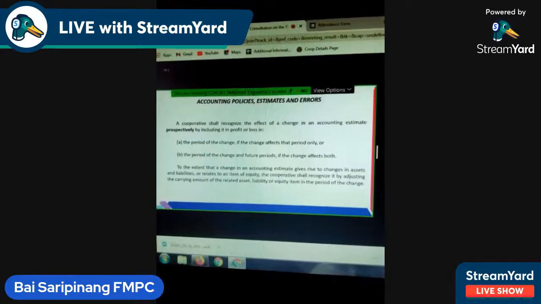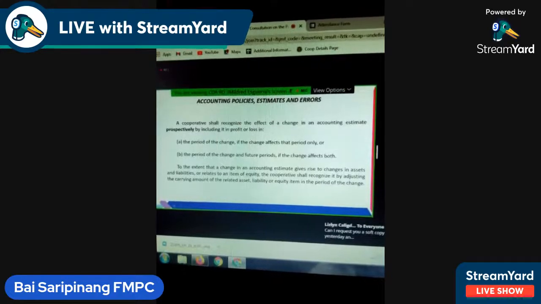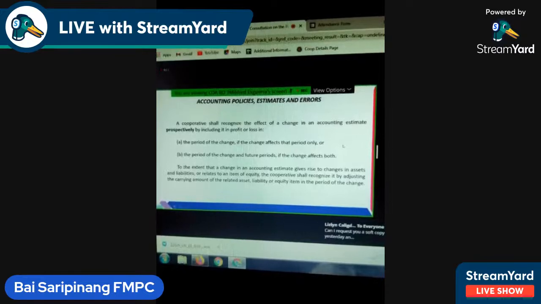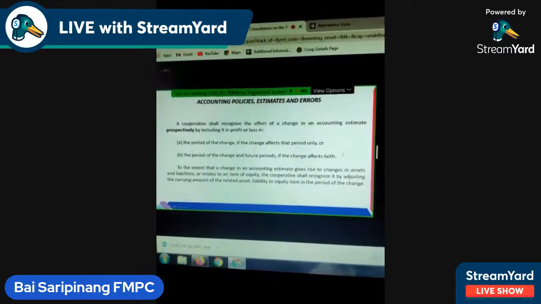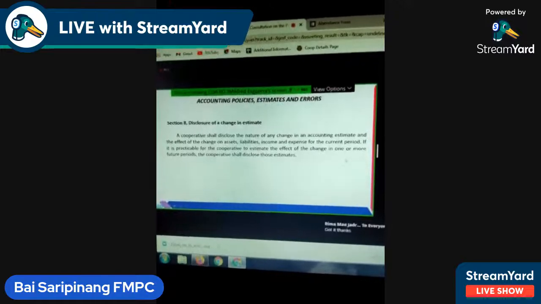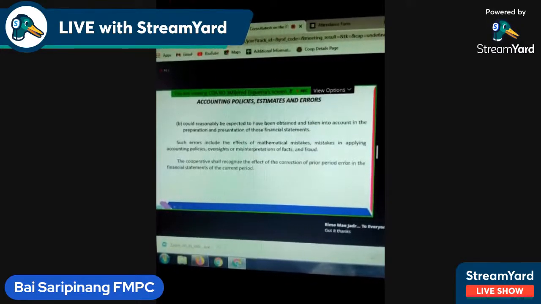And then, a co-op shall recognize the effect of change in accounting estimate prospectively by including it in profit or loss. Ito po ay in consideration of the period of the change, if the change affects not only the period of change but also future periods. So, wala po tayong masyadong pagbabago dito, mga dati na ito, no?